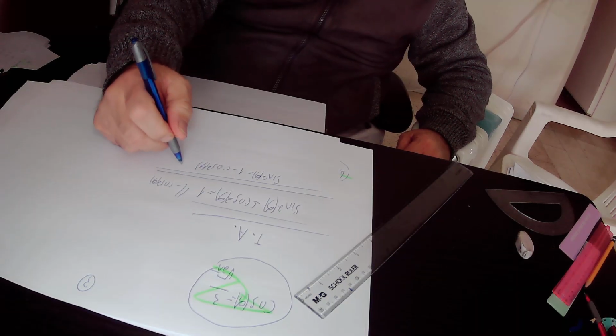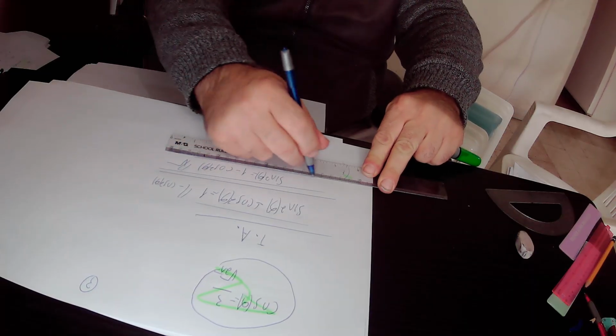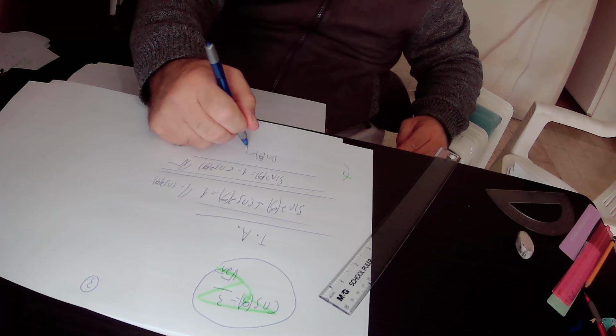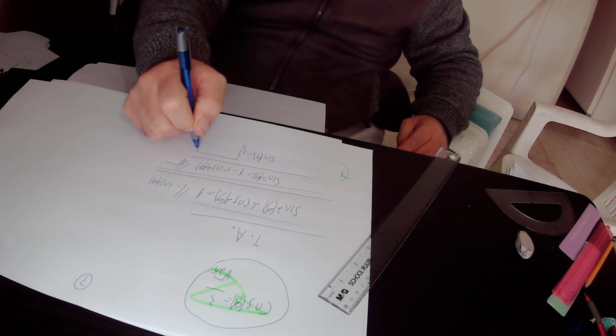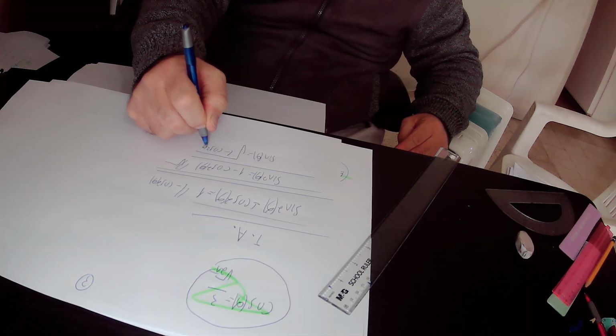So here we take a root of this equation, and finally get that sine alpha equals the square root of 1 minus cosine square alpha.